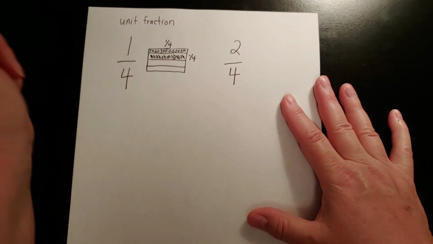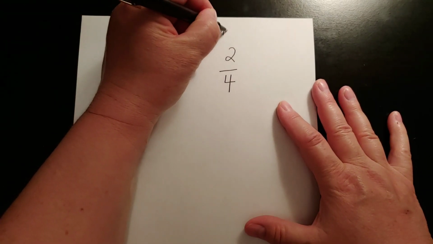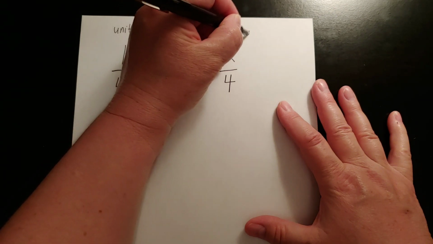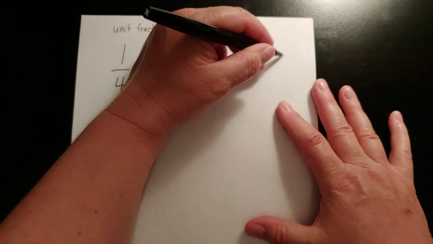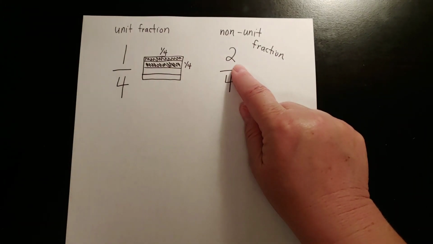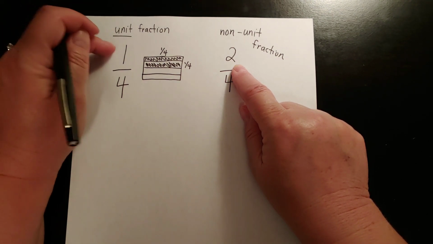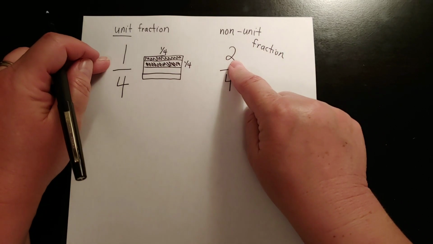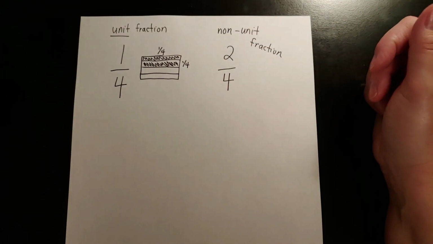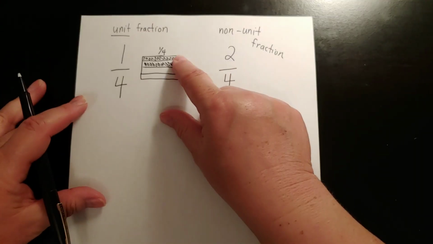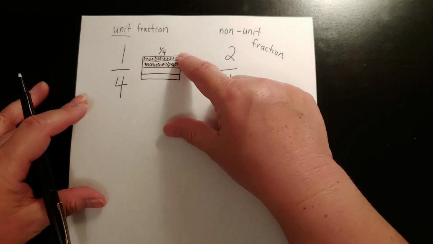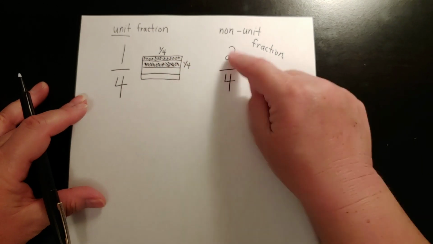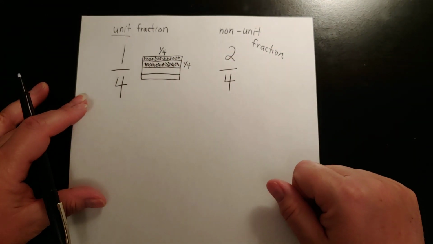This is called a non-unit fraction because it doesn't have a numerator of 1. That's how you can tell them apart. A unit fraction has a numerator of 1, non-unit has a numerator of anything but a 1. So we used 1/4, added and built upon it to get a non-unit fraction. This is a brownie. We ate 2 out of the 4 pieces, 2/4.